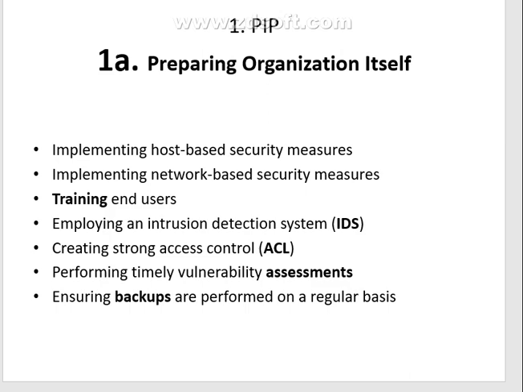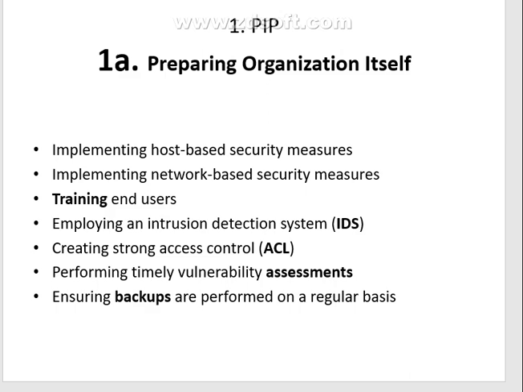Since we said a computer security incident involves a computer system or a computer network, we also need to implement network-based security measures, whereby we look at our network and ask ourselves, is our network safe from unauthorized users?